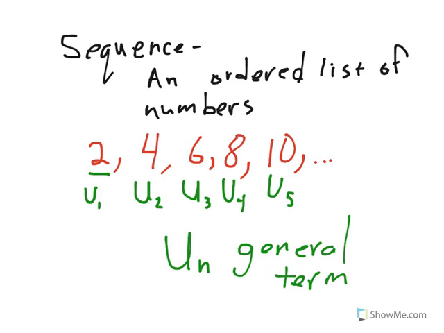So whatever number we put in for n, it's that number in the sequence. So if we put u sub 100, it would be the 100th term in the sequence.